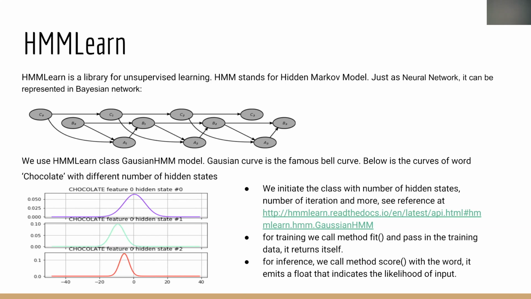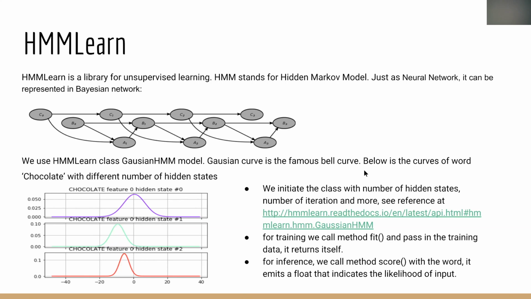With the same data set, I think we did from 3 to 14 hidden states. So we had 12 models in total spelled out, then we pick the best.